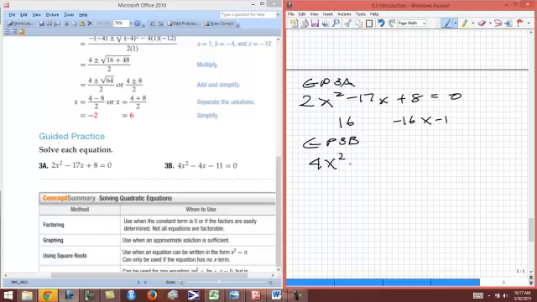4x squared minus 4x minus 11 equals 0. Okay, now we got 4 times negative 11. We got negative 44. Now we're looking for factor pairs of negative 44 that combine to equal negative 4. Okay, so we got negative 44 and 1, which is negative 43. That's not what we want.